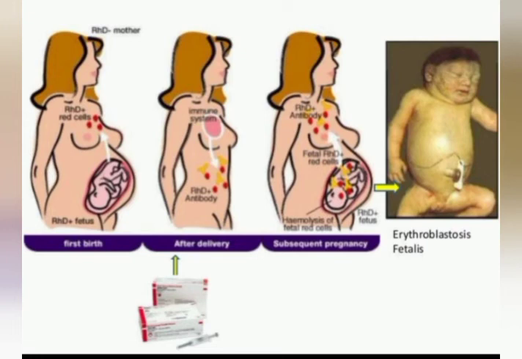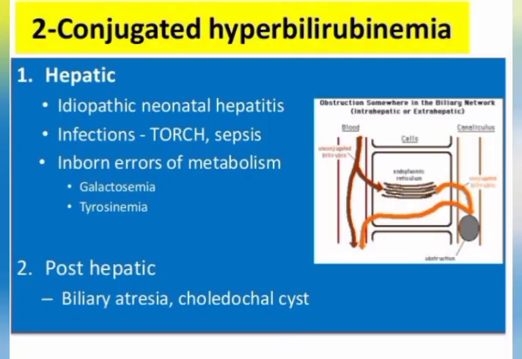Other factors involved in causing pathological jaundice are Rh incompatibility, which may lead to erythroblastosis fetalis. Then ABO incompatibility, blood grouping reactions, some viral infections, toxoplasmosis, TORCH infections, or sepsis may cause conjugated hyperbilirubinemia.